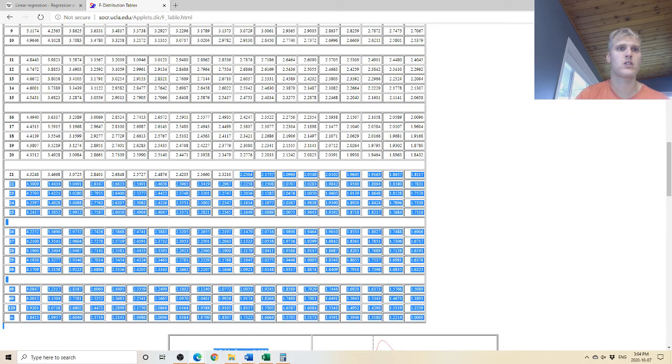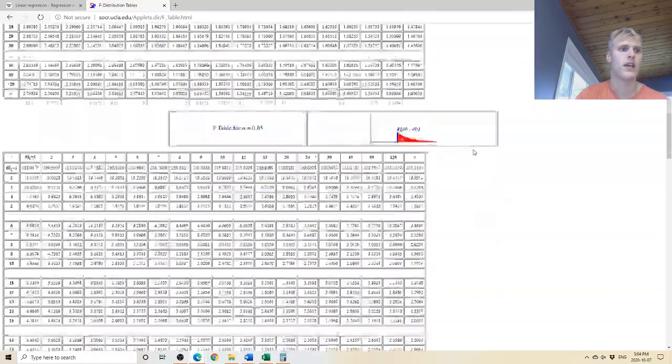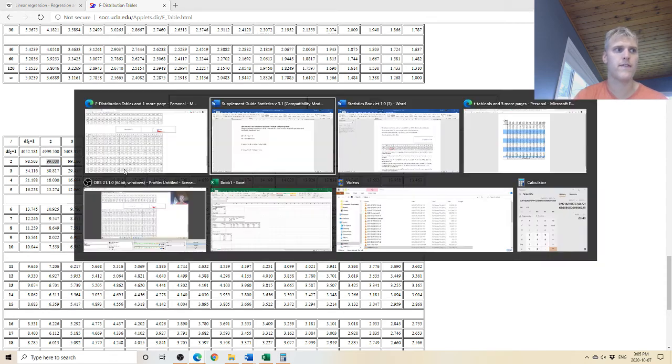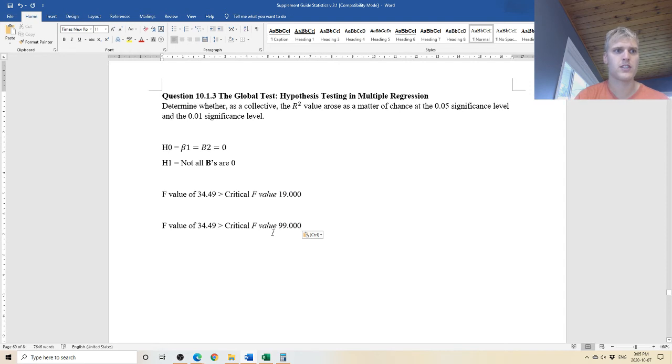So if we head into our F distribution tables here and find our 1% significance, degree of freedom 2, degree of freedom 2, we have a critical F value of 99. So as you can see, our 99 F value is larger than our F value from our Anova table for our information. So we can accept the null hypothesis now. We do not have enough evidence to reject the null hypothesis.